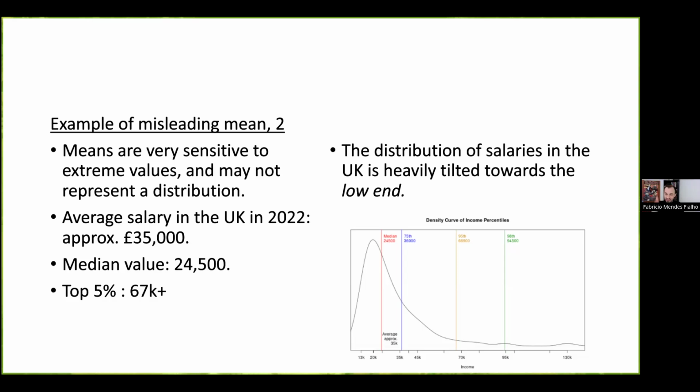Basically it means that even though the mean is 35,000 pounds a year, only 25% of Brits make 36,000 or more per year. So the mean here is not a good representation of the entire distribution because it's inflated by very high values.